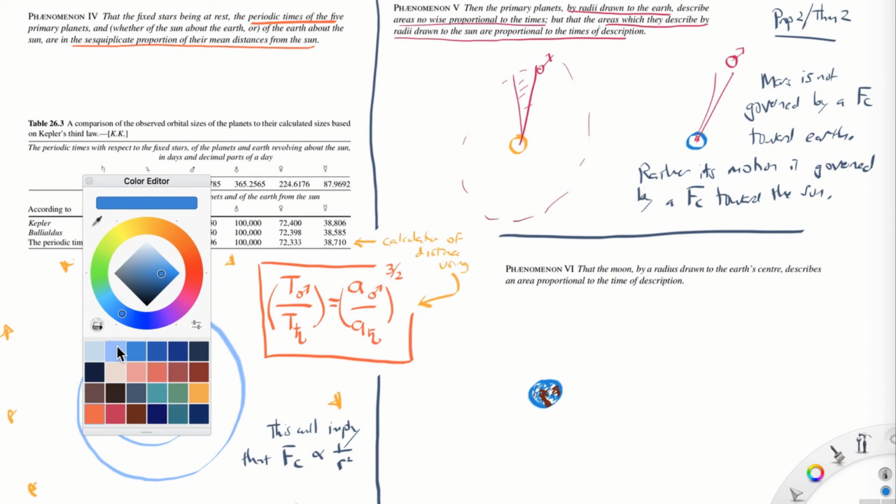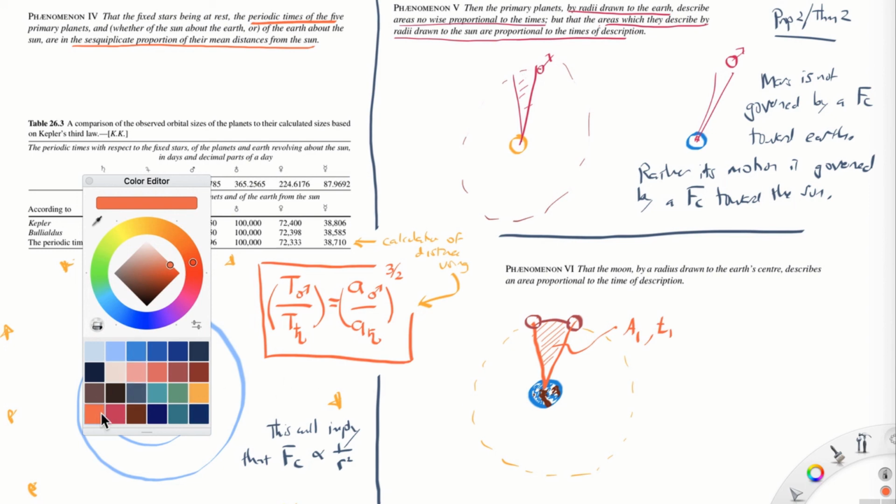And if you were to consider the orbit of the moon around the Earth over the course of about a month, and you were to draw a radius from the Earth to the moon, and consider a particular time interval as it moves from here to here, you could sweep out a certain area. So this would be area 1 during a time t1.